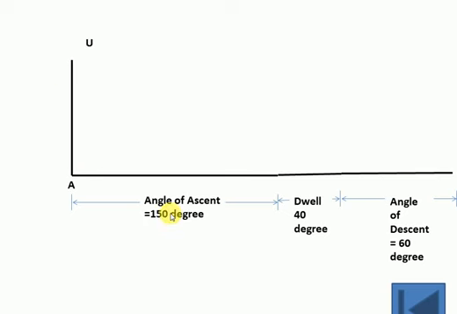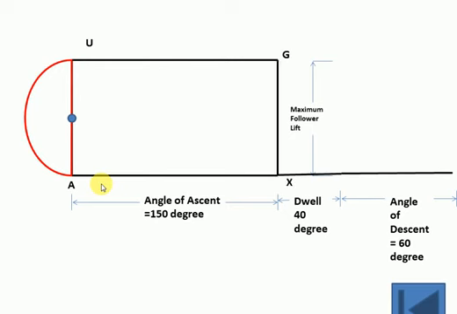For the angle of ascent we'll follow simple harmonic motion, so we'll draw the maximum follower lift AU as 30 millimeters. Then we'll first draw a semicircle, then we'll draw a square, then we'll divide this angle of ascent into 6 equal parts, that is 25 degrees each.